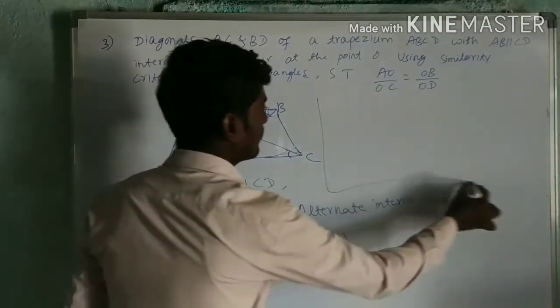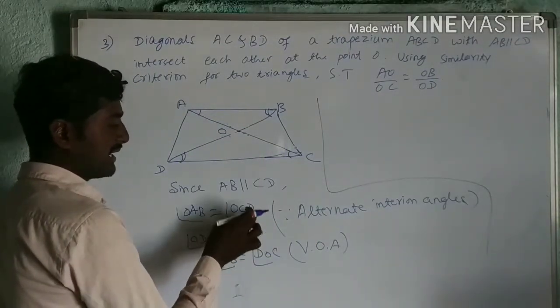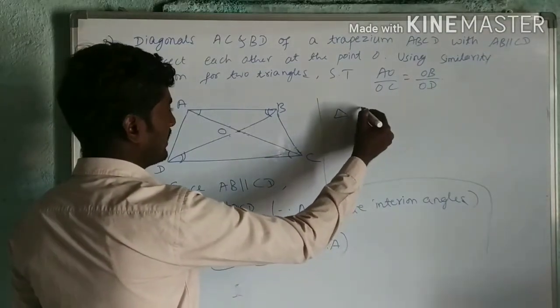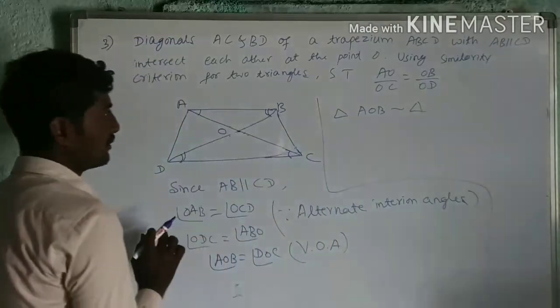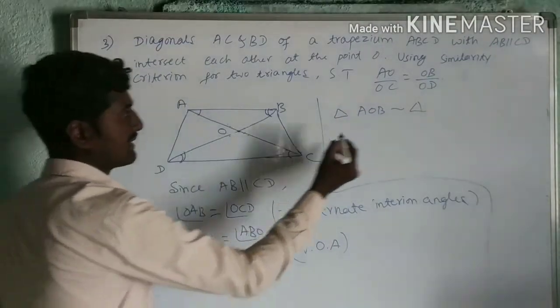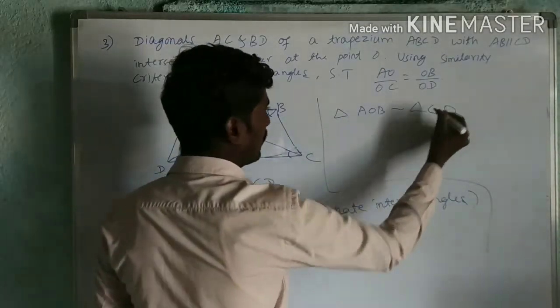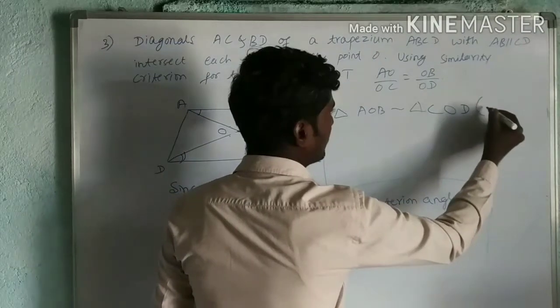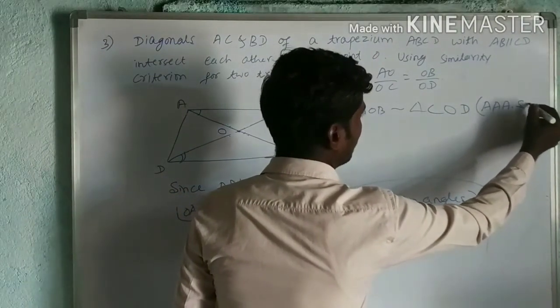By using AAA similarity criterion, these two triangles are similar. Triangle AOB is similar to triangle, for angle A it is C, then O only, CO. For angle B, it is D.